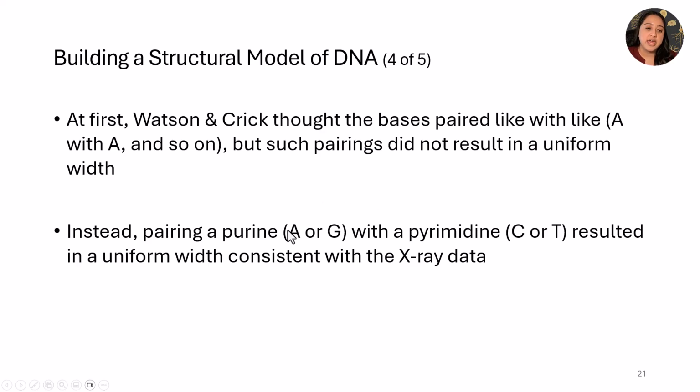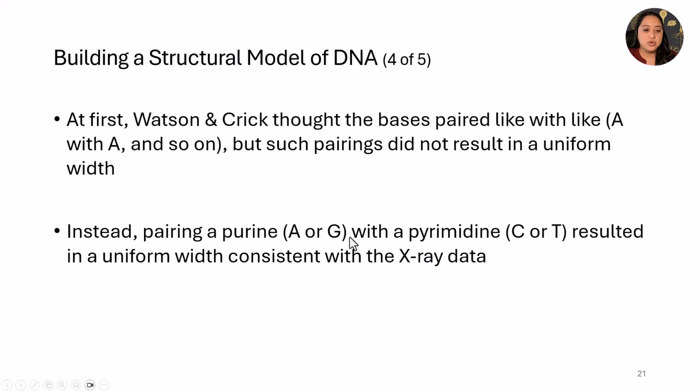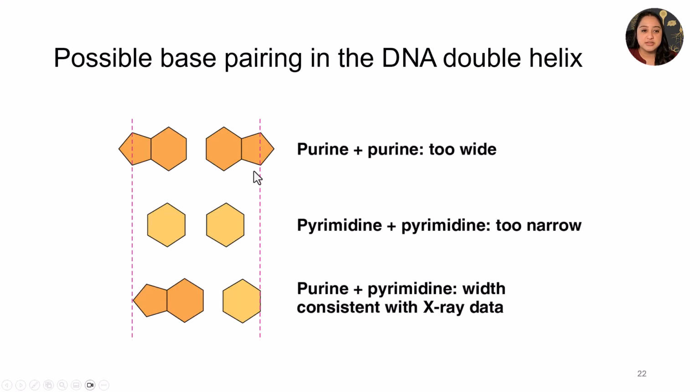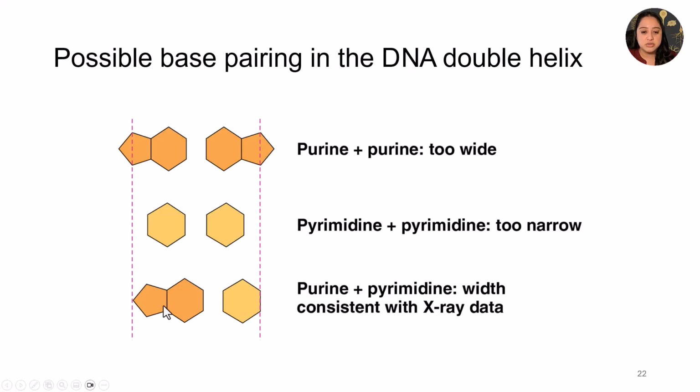A and G are called purines, and C and T are called pyrimidines. Purines have 2 rings, pyrimidines just have 1 ring. So you have to pair one with 2 rings with one with 1 ring, and that is consistent with X-ray data.